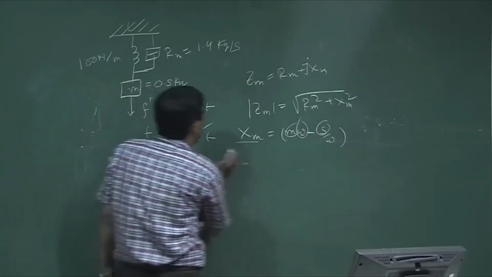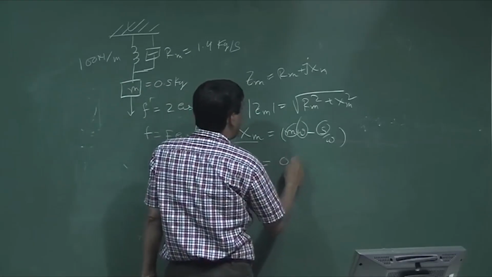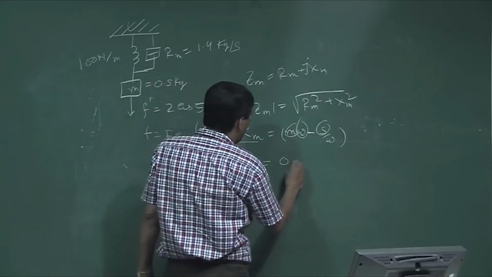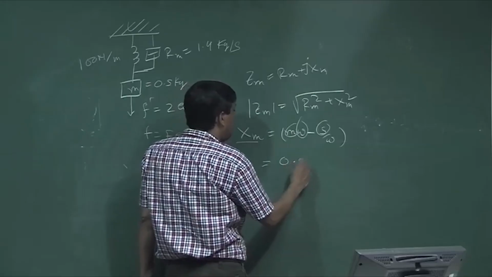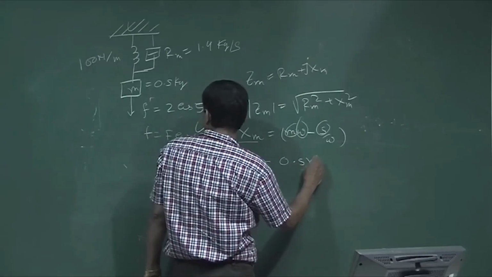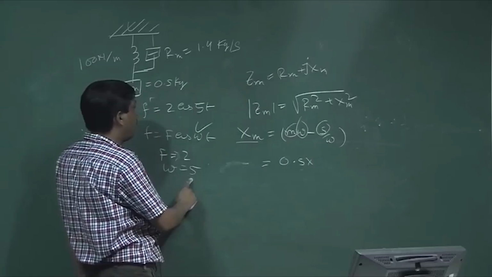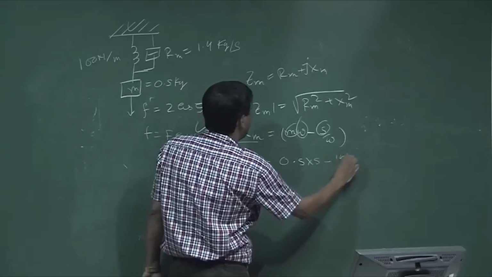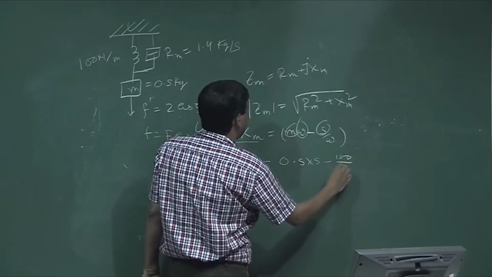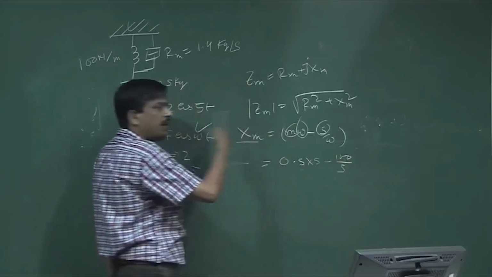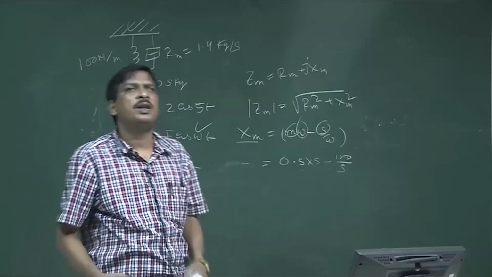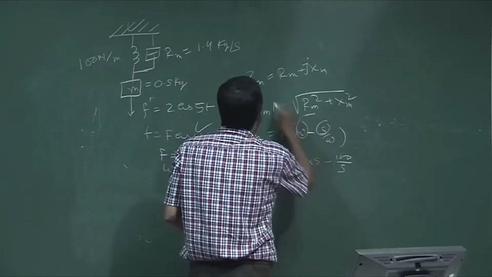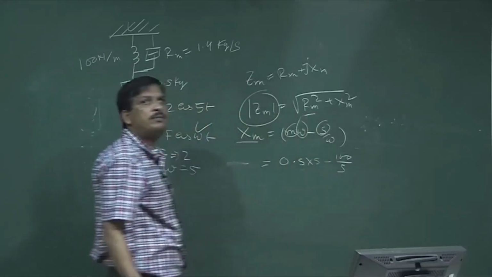Xm is 0.5 kg into omega, which is 5, minus s, which is 100 Newton per meter, divided by omega. You can convert that unit and find out the value of Xm. Then you know Rm, so find out the value of Zm.